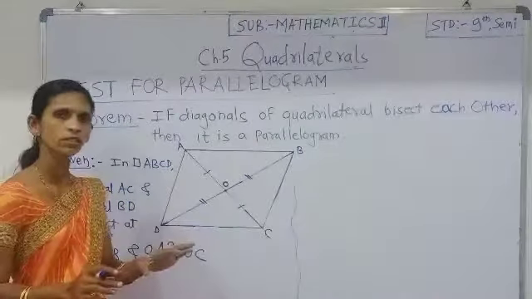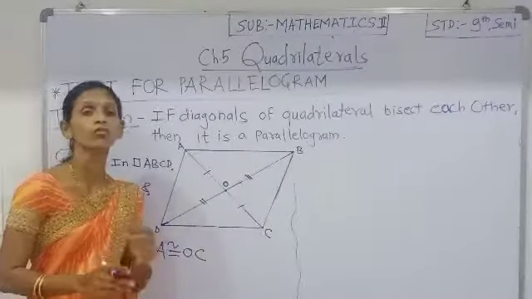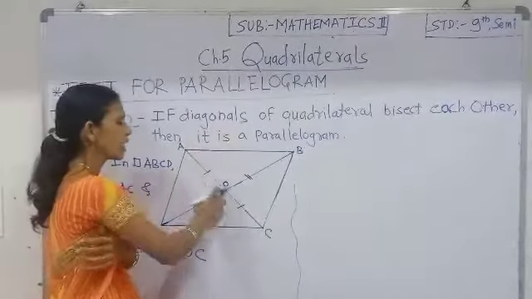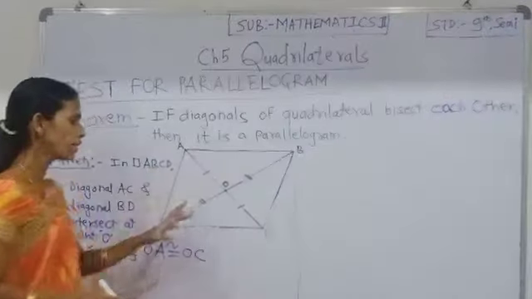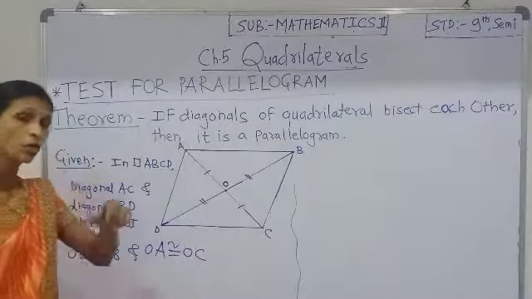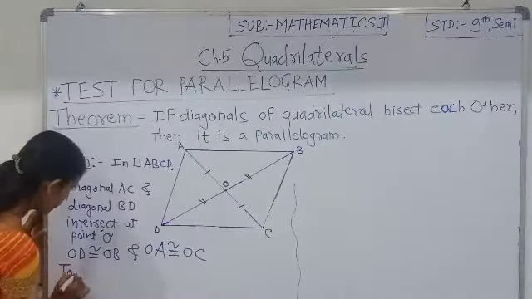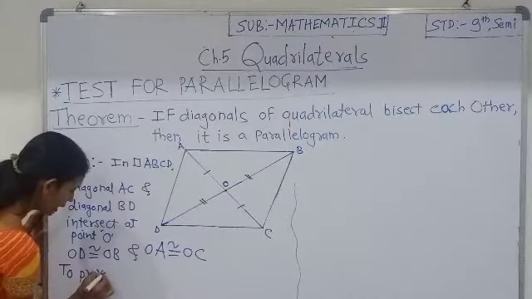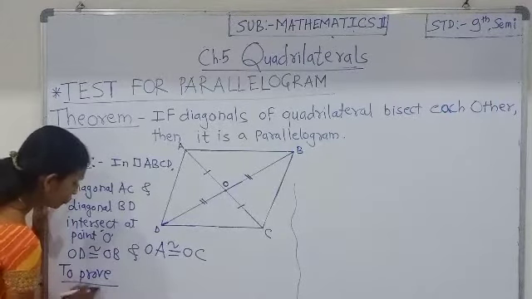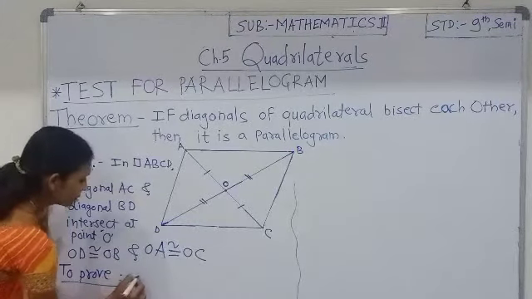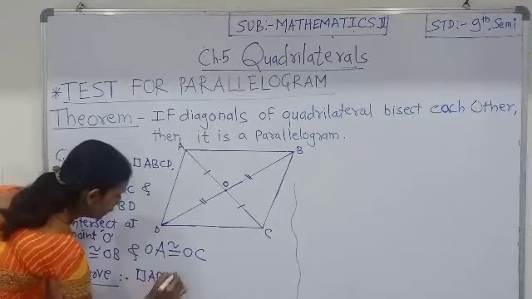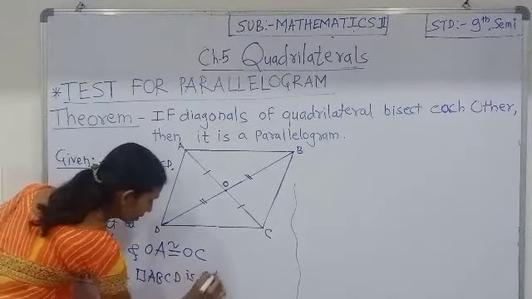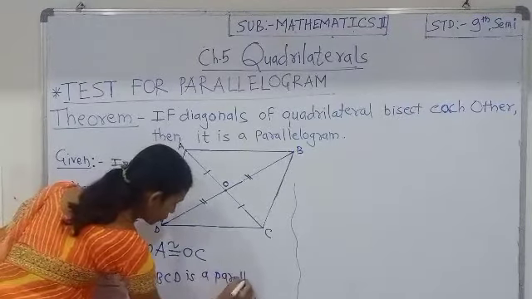Both diagonals are bisectors of each other, therefore that quadrilateral is a parallelogram. We have to prove this property, that is, to prove that quadrilateral ABCD is a parallelogram.